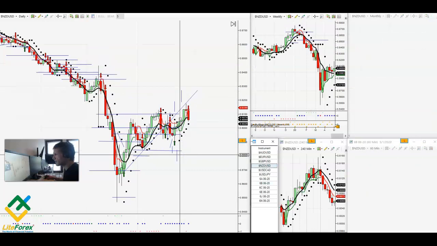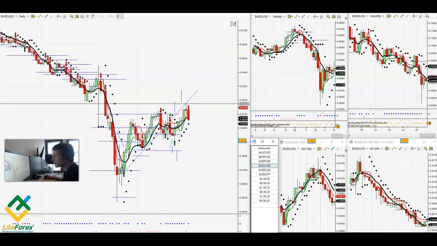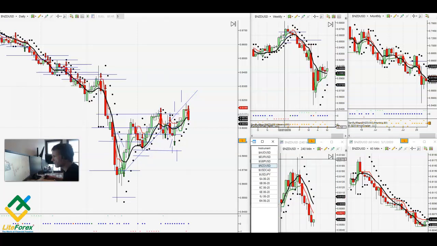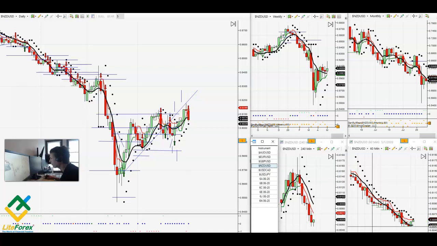Okay, New Zealand USD. Now this one really looked like this was going to pull back when I looked at this yesterday. Pulls back today. And yeah, going forward, this looks like, just like the Australian dollar, it does look like there's more downside, but the 240 minute is telling me we could rebound before that.